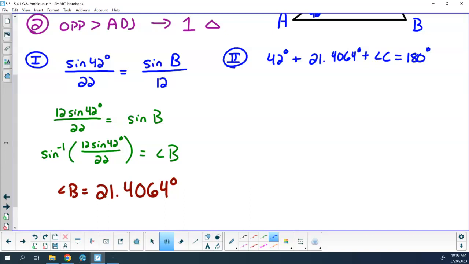So we can find that angle C is 116.5936.